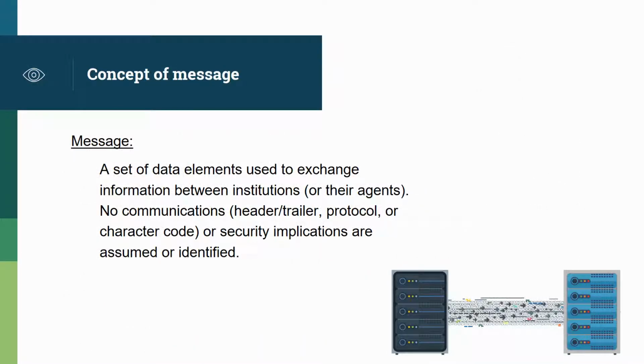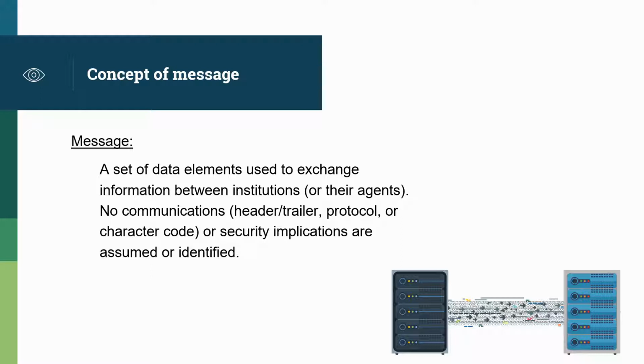Let's now look at the concept of message. ISO 8583 defines a message as a set of data elements used to exchange information between institutions or their agents. An important point is that no communications, so that header, trailer, protocol, or character code, or security implications, are assumed or identified.